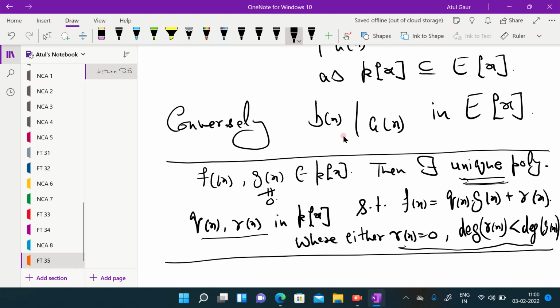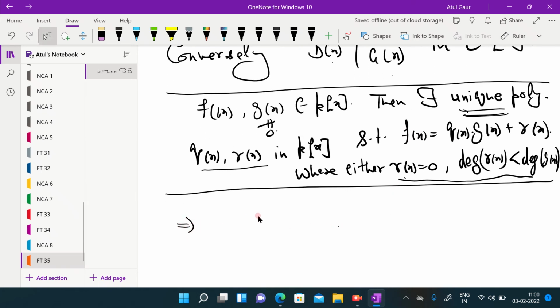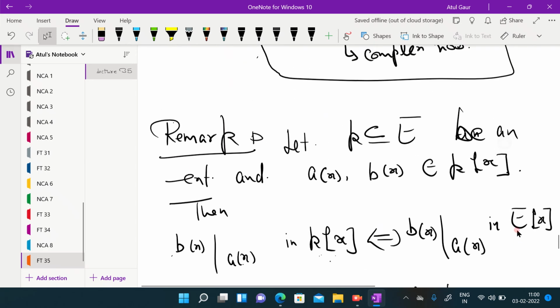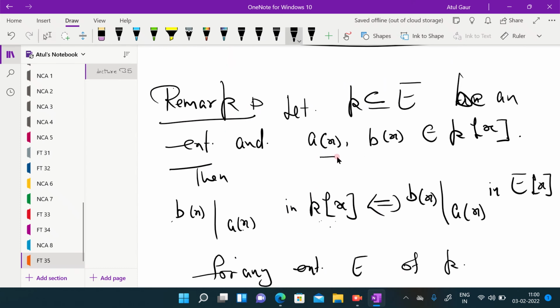So what is happening? Suppose b(x) divides a(x) in E[x]. That means you have b(x) into some c(x) equals a(x). This is for some c(x) in E[x]. But the point is a(x), b(x), they are polynomials in K[x]. It's given. So I can use the Euclidean algorithm on K[x].